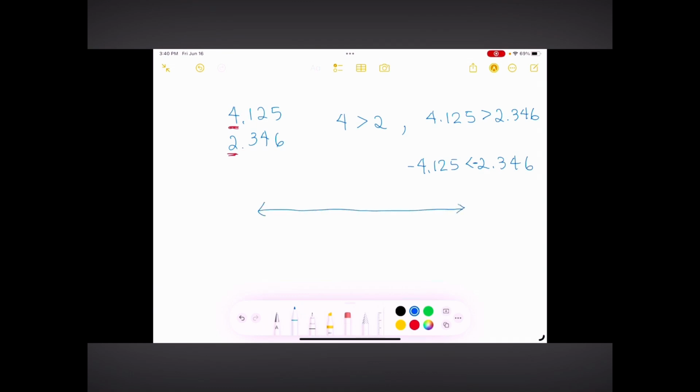If you look on the number line, you see that negative 4 and 125 thousandths is farther away from zero and the positive numbers than negative 2 and 346 thousandths. And therefore, negative 4 and 125 thousandths is less than negative 2 and 346 thousandths.